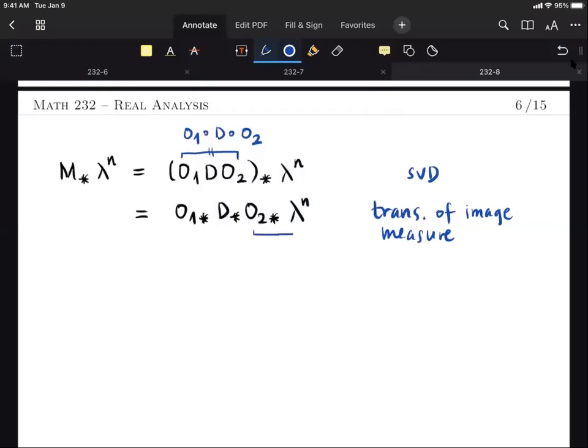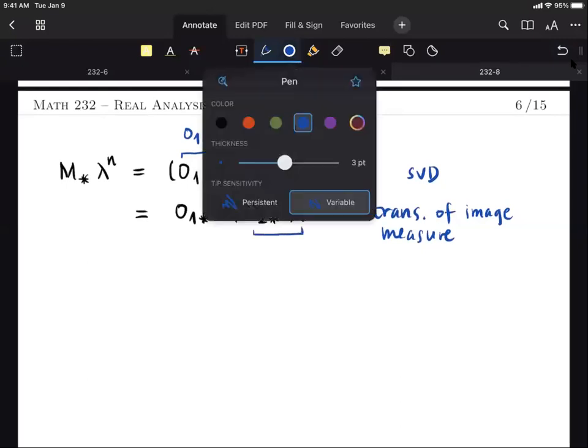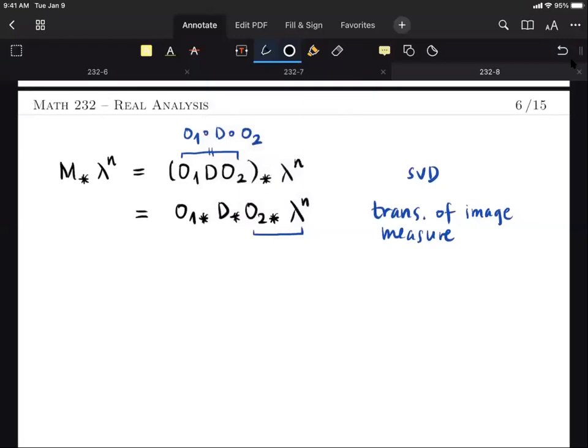Considering this part, take note that the effect of an orthogonal matrix with respect to the Lebesgue measure is nothing. In other words, it is invariant under the image measure with respect to an orthogonal transformation. And this is the one provided in step 3.